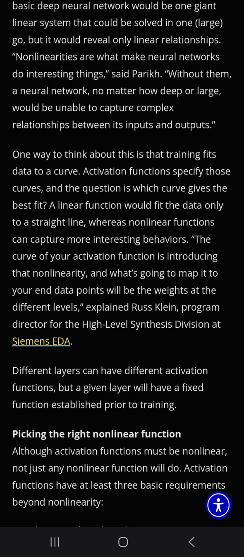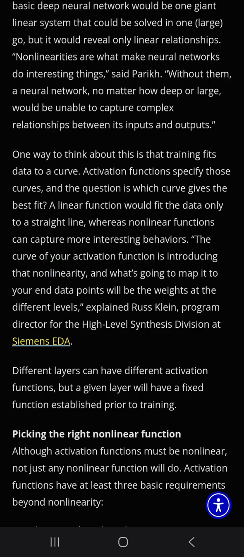One way to think about this is that training fits data to a curve. Activation functions specify those curves, and the question is which curve gives the best fit. A linear function would fit the data only to a straight line, whereas nonlinear functions can capture more interesting behaviors.